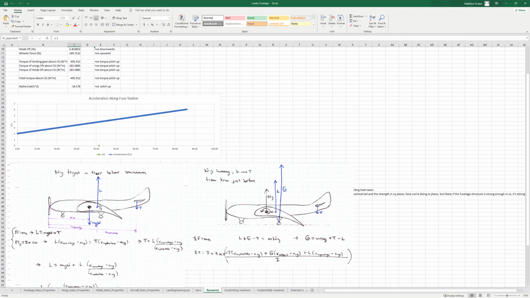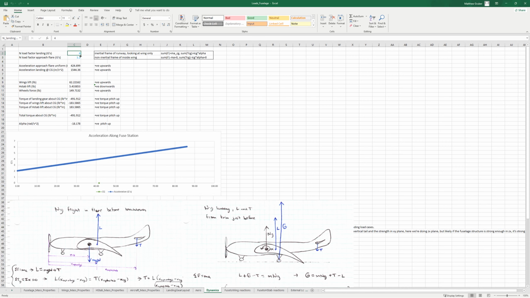Right after it hits, the lift on the wing is still the same, right as the ground hits the wheels, but we have an upwards acceleration of more than 1.1 Gs, and we have an angular acceleration because the wheels are behind the CG in this tricycle landing gear configuration.